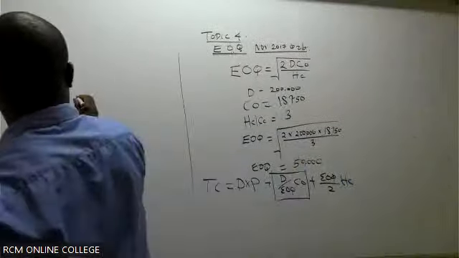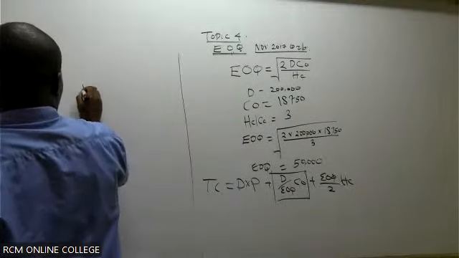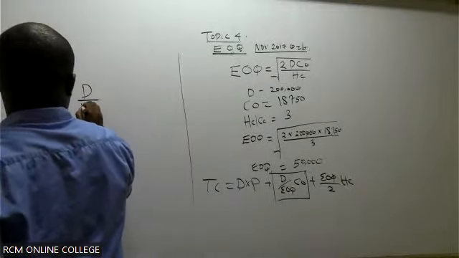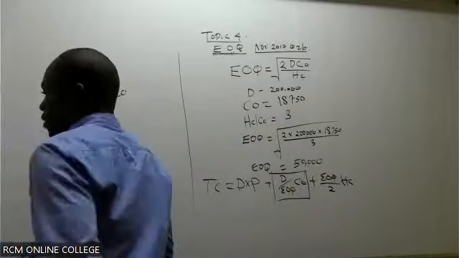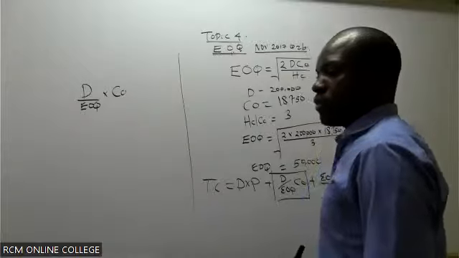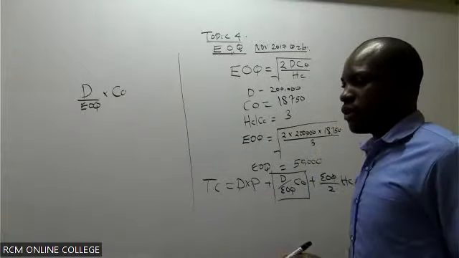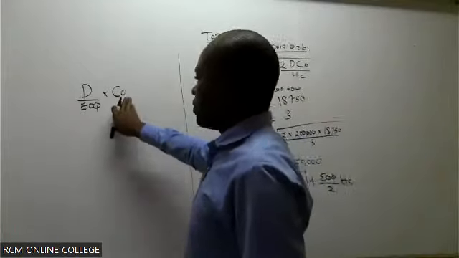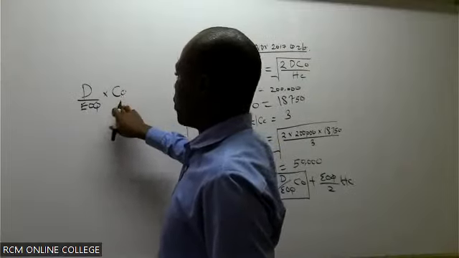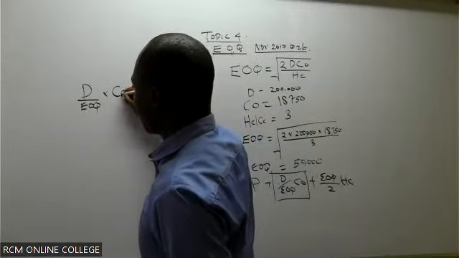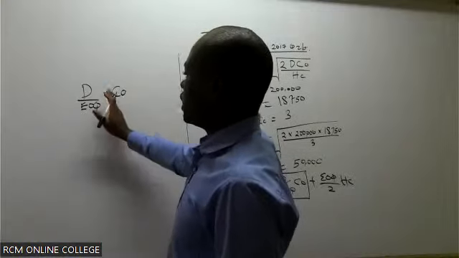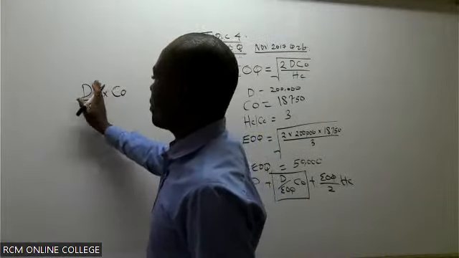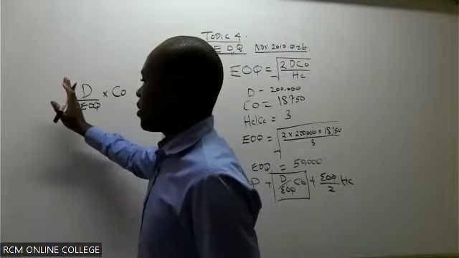Demand divided by economic order quantity. You are able to see we are multiplying by ordering cost per order, not total ordering cost. Anytime we make an order, we incur this particular cost. So to get the total ordering cost, we take cost per order multiplied by the number of orders.